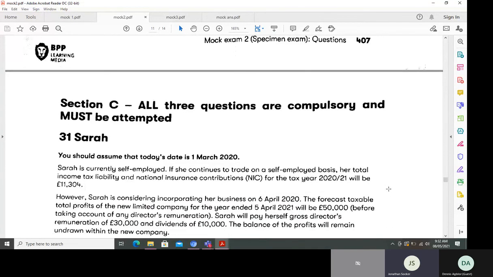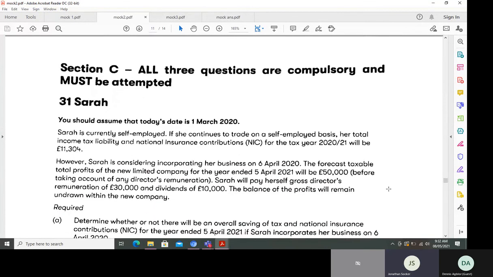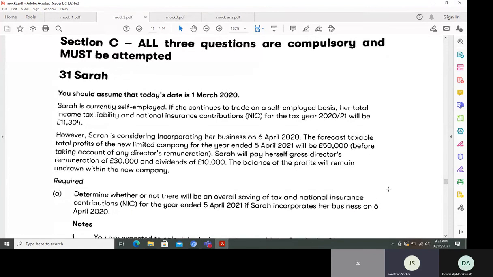Okay, so mock 2 section C, and the first question here is on Sarah.